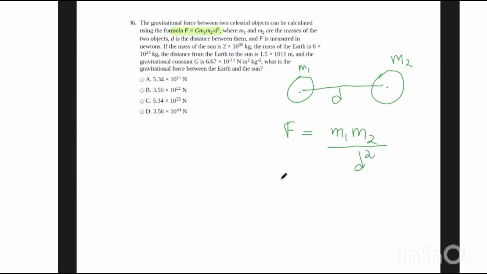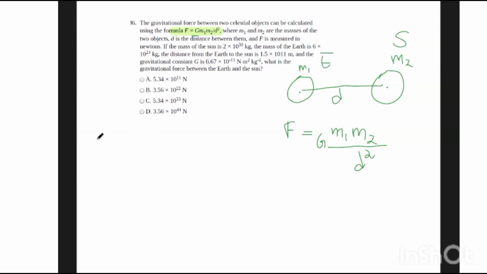Now herein we have a gravitational constant, which is this capital G, that we have to multiply. In this question, the mass of the sun and the mass of the earth is given. So let's consider, suppose this is sun and this is earth.